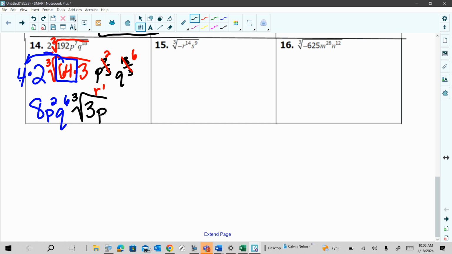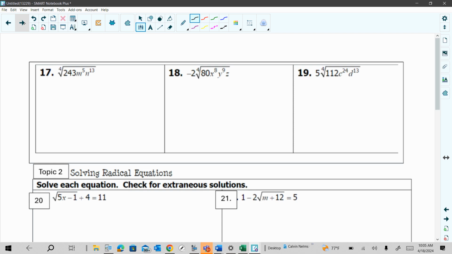All right. Flip over, we're going to look at some fourth roots. So now our index is 4 here. So first I want to see, is there a perfect fourth root that goes into 243, excuse me. All right, 81 times 3.